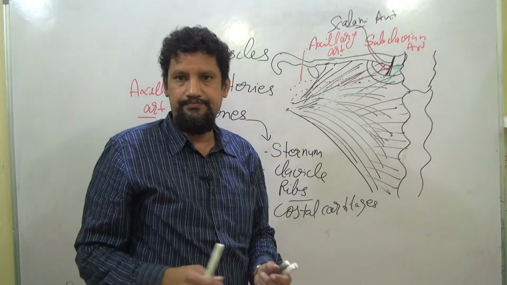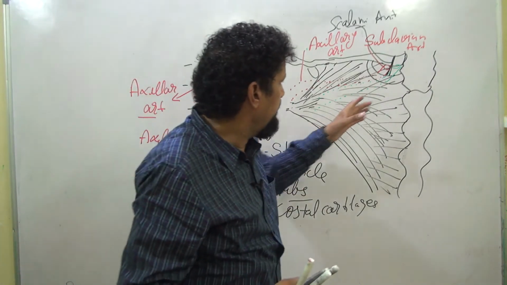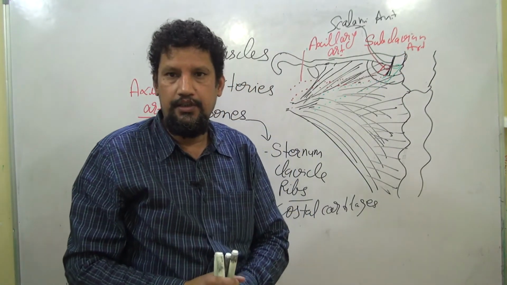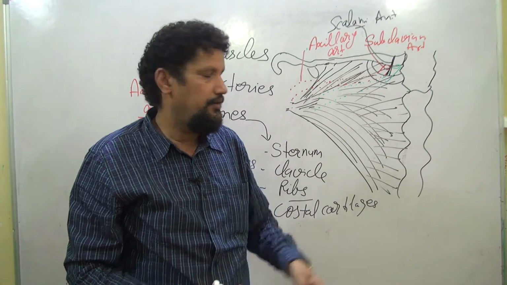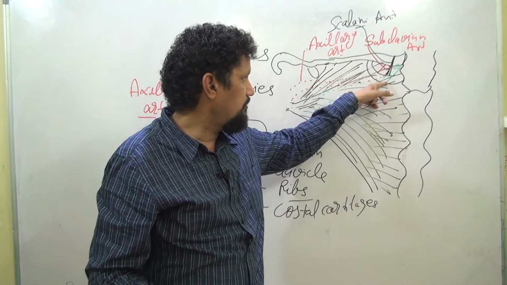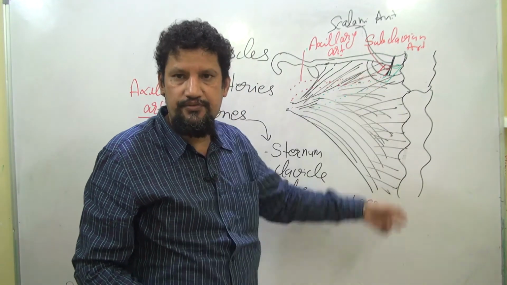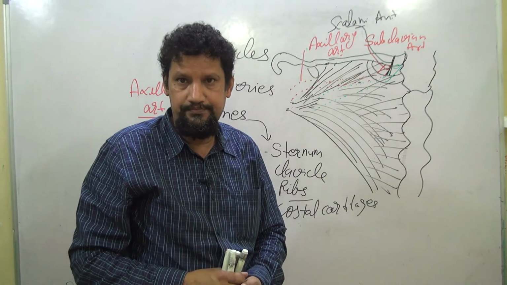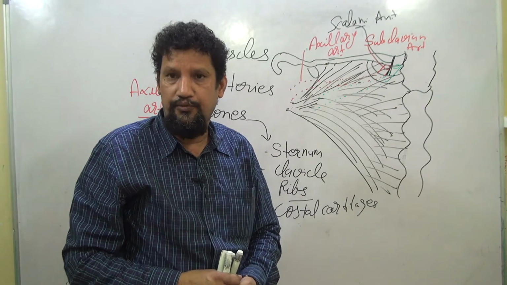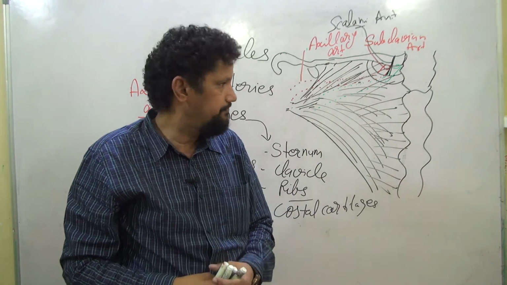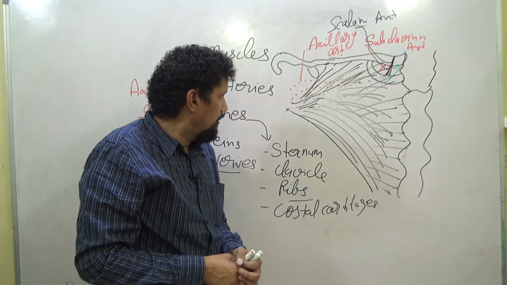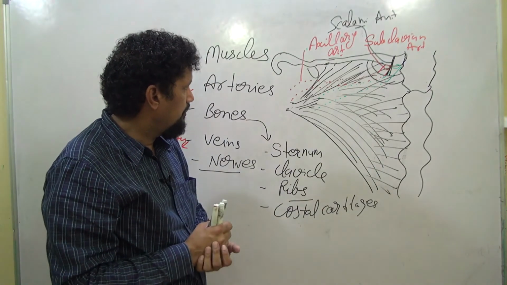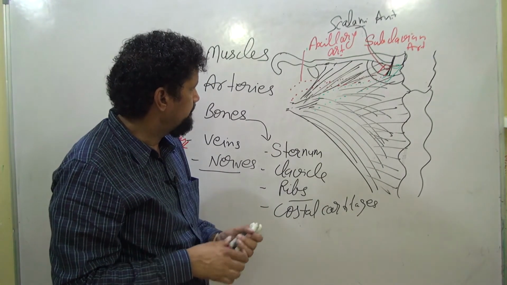When the vein moves medially and upward, the name of the vein from the outer border of the first rib changes from axillary vein to the subclavian vein, which will form the superior vena cava with the internal jugular veins.